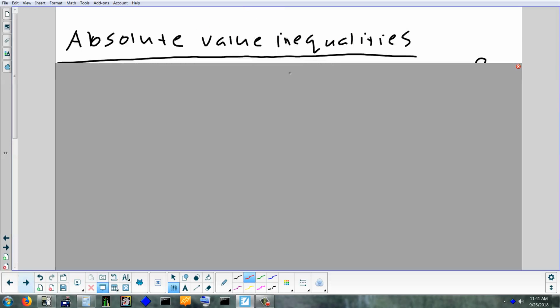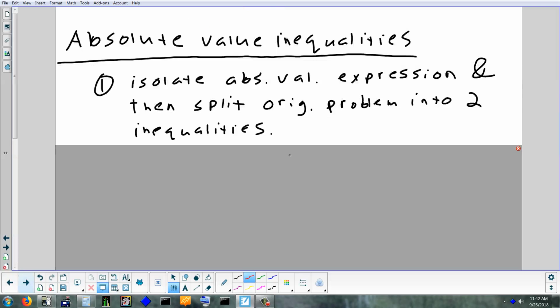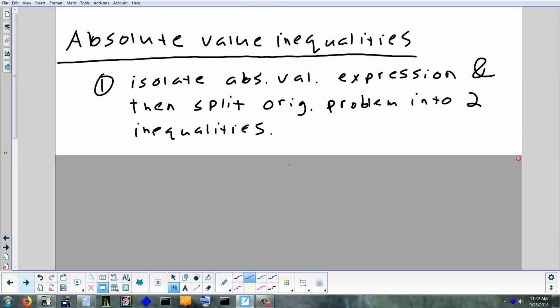Okay, absolute value inequality. Trying to remember yesterday, did we look at absolute value equations yesterday? We did that? Okay. So, solving an absolute value inequality is kind of the same thing. First thing you have to do is make sure your absolute value expression is by itself.